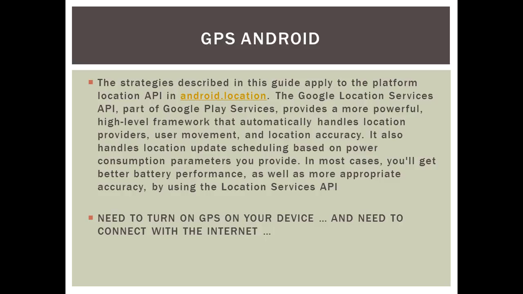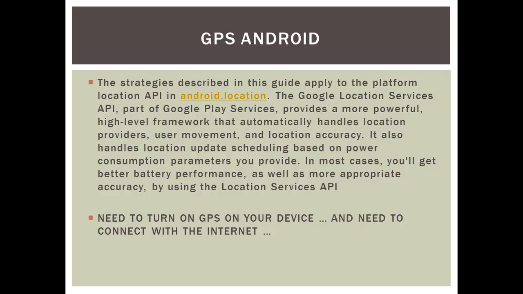Okay, now what is GPS in Android and how can we trace things? The strategies described in this guide apply to the platform location API, that is android.location. So first we have the Android location API, by which we can create our apps related to Android location.